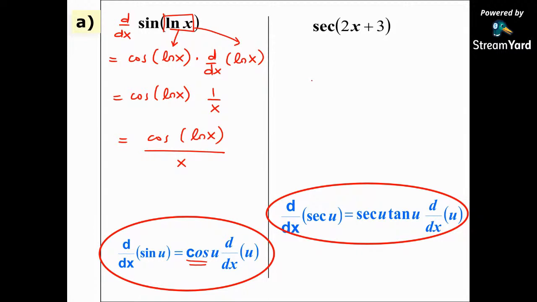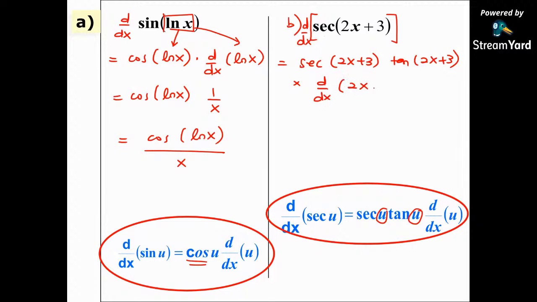Okay, so now the second one. The second one, we got secant of 2x plus 3. Okay, so d over dx of this. Differentiating secant, it will become secant tangent. So we got secant of 2x plus 3, tangent of 2x plus 3, and then you should multiply with d over dx of 2x plus 3.